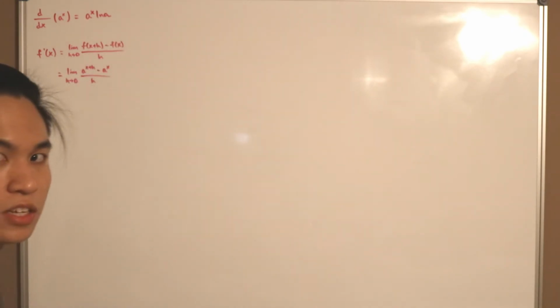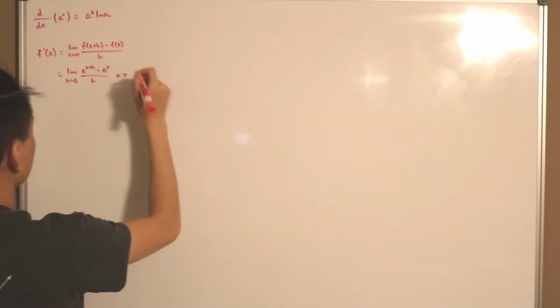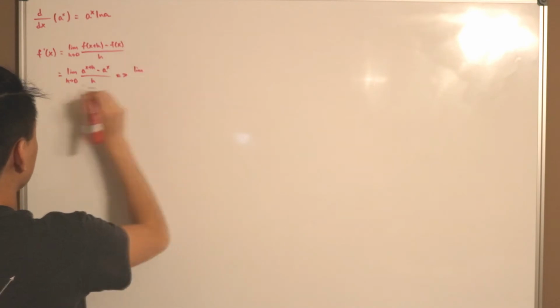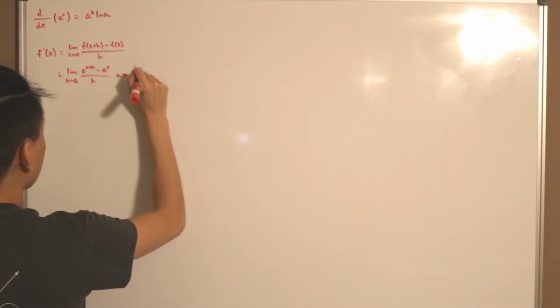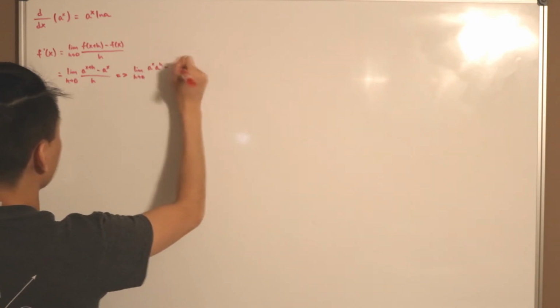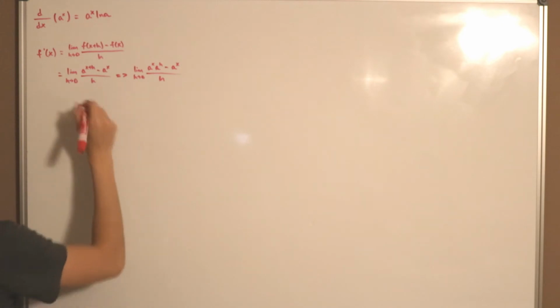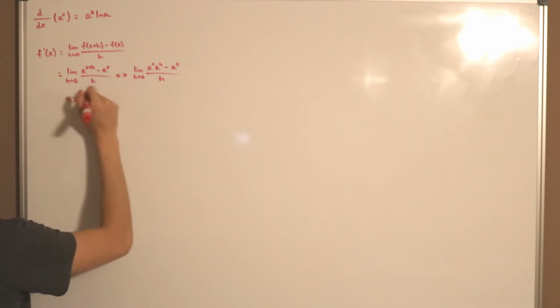Pretty similar to e to the x. Using our rules of exponents, we can split the base in two, so it's a to the x times a to the h minus a to the x divided by h. Factor out the a to the x.